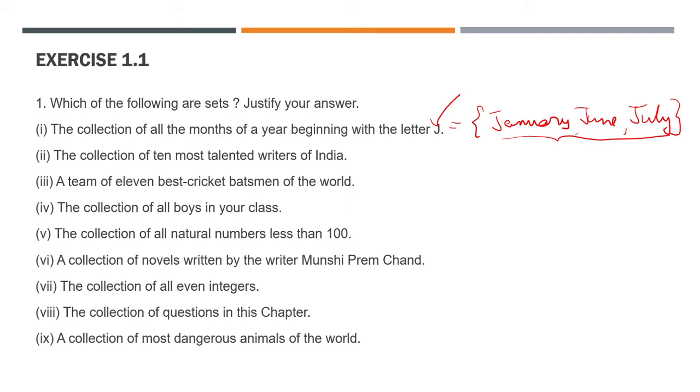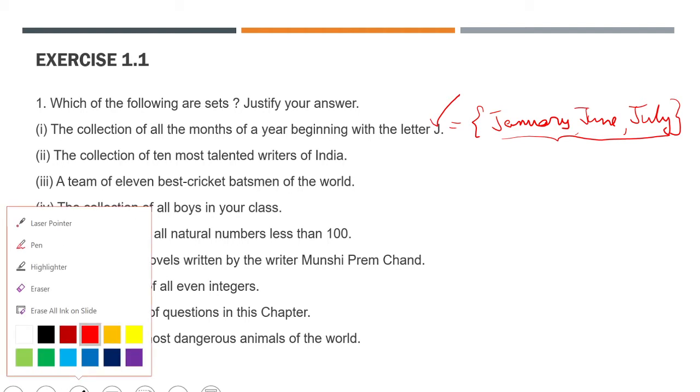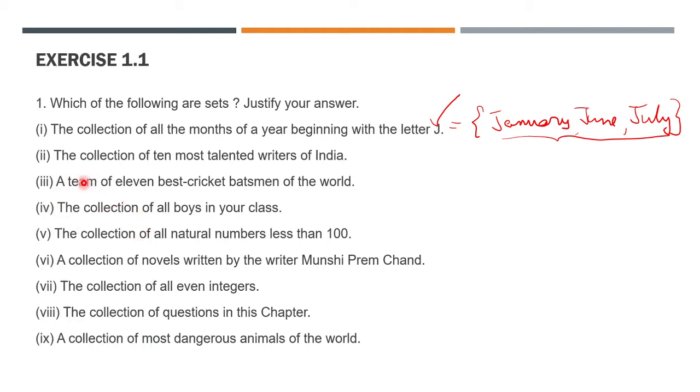Next one, second one, the collection of 10 most talented writers of India. Now, each person will have their own way of defining most talented writer. Each person will have different ways in which he can write 10 most talented writers.